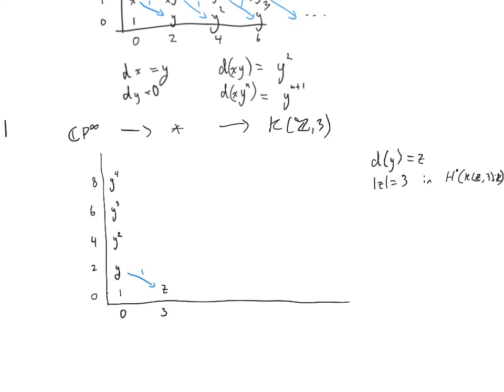So then inductively you might start filling these things vertically, so you know there needs to be an element yz here, y squared z, y cubed z, y to the 4th z.